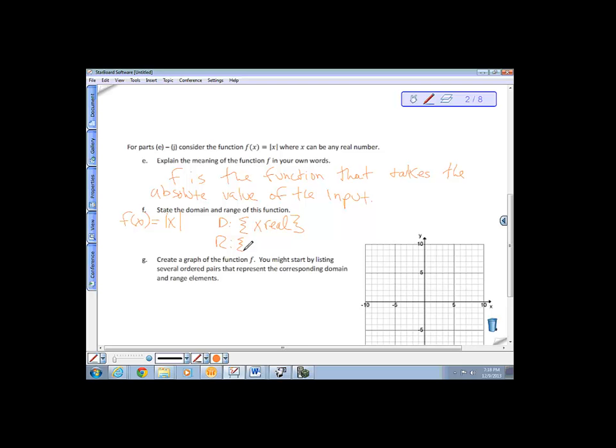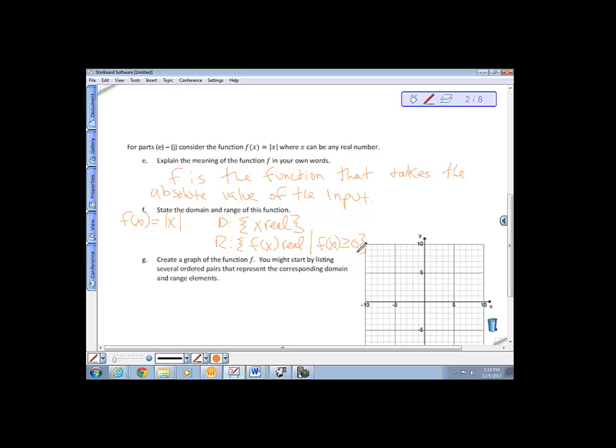Okay, the range is, we'll say, f of x is real, such that f of x is greater than or equal to 0. In other words, non-negative real numbers.